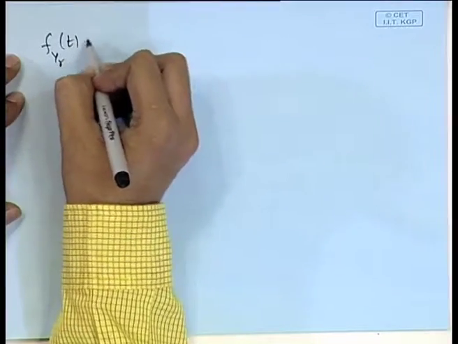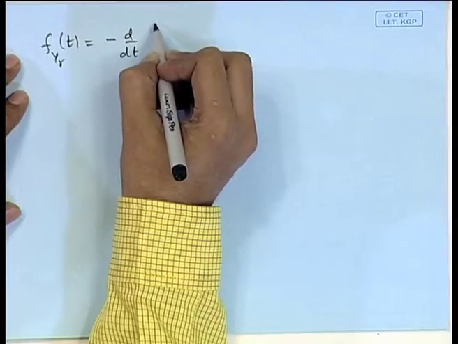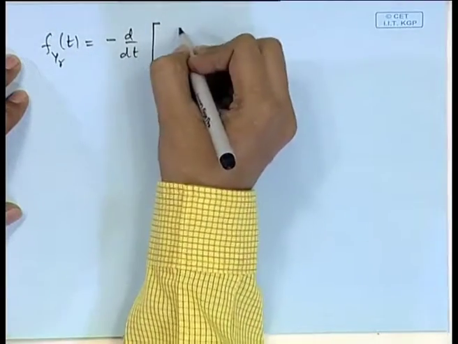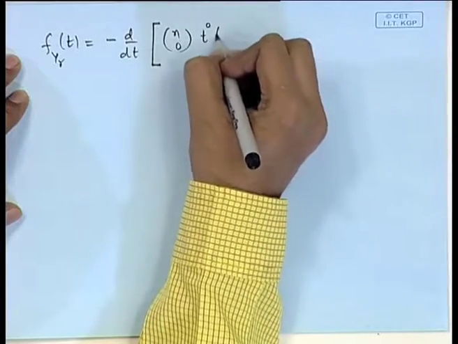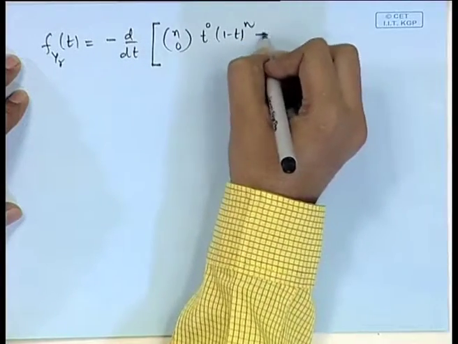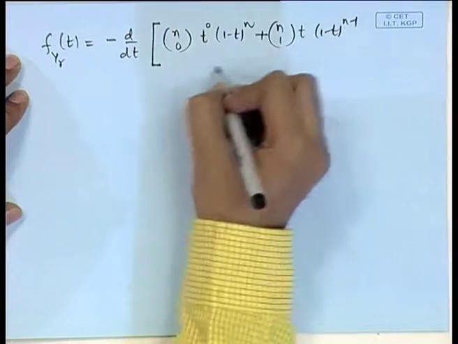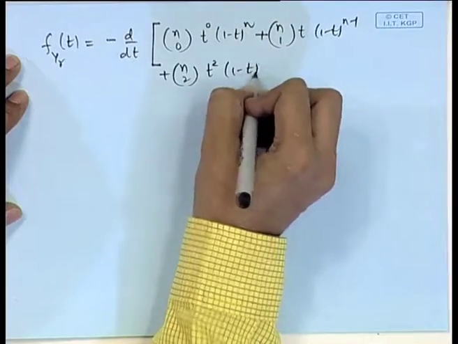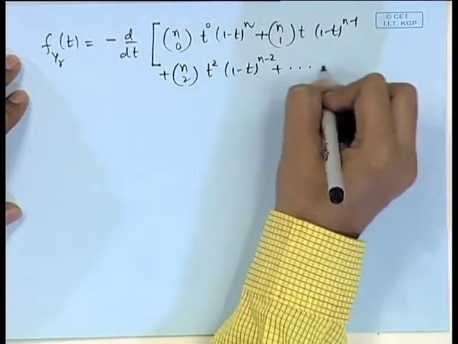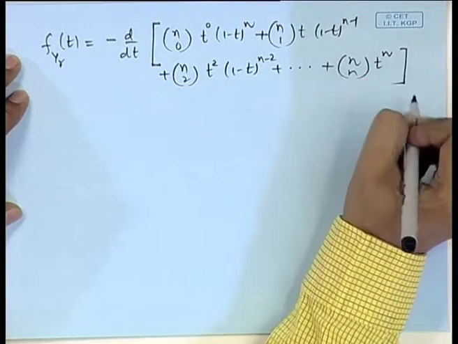We will get f_{Y_r}(t) equal to minus d by dt. Now, here we have to write down the terms. So, it is nC0 t to the power 0 (1 minus t) to the power n, plus nC1 t (1 minus t) to the power n minus 1, plus nC2 t square (1 minus t) to the power n minus 2, and so on, plus nCn t to the power n.